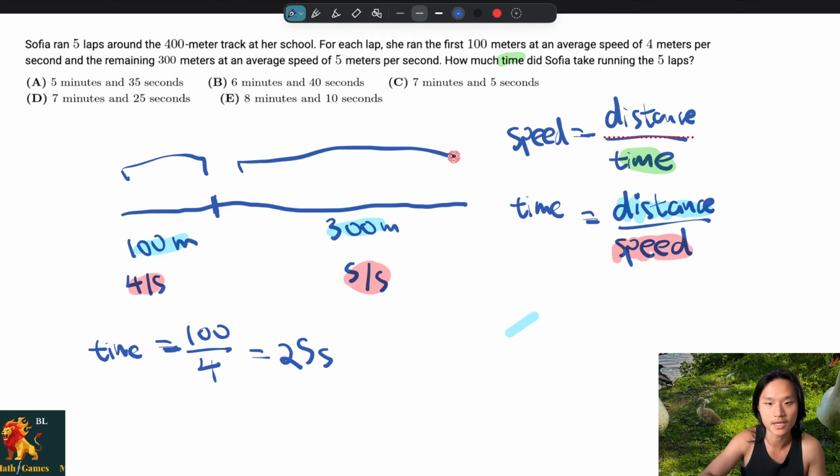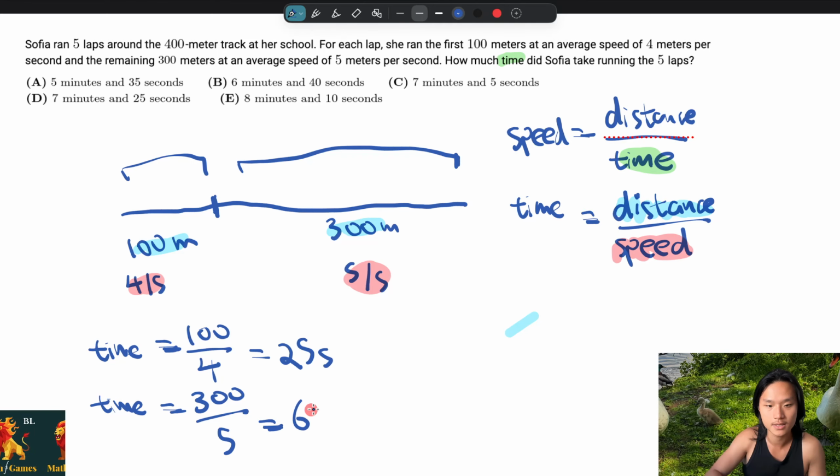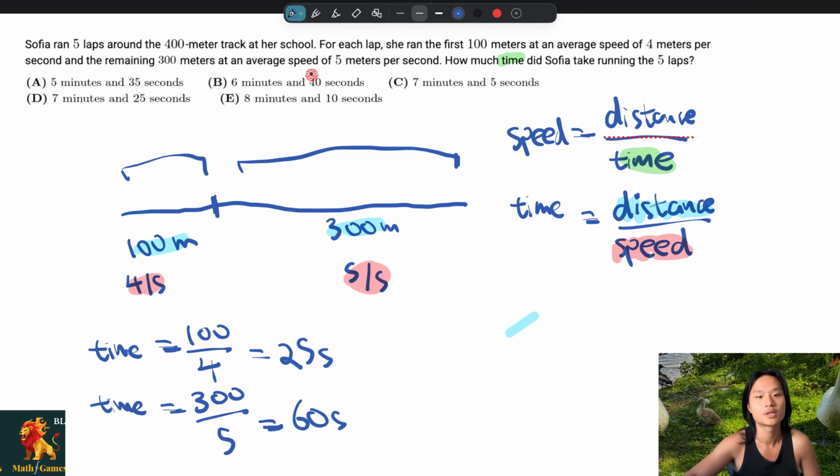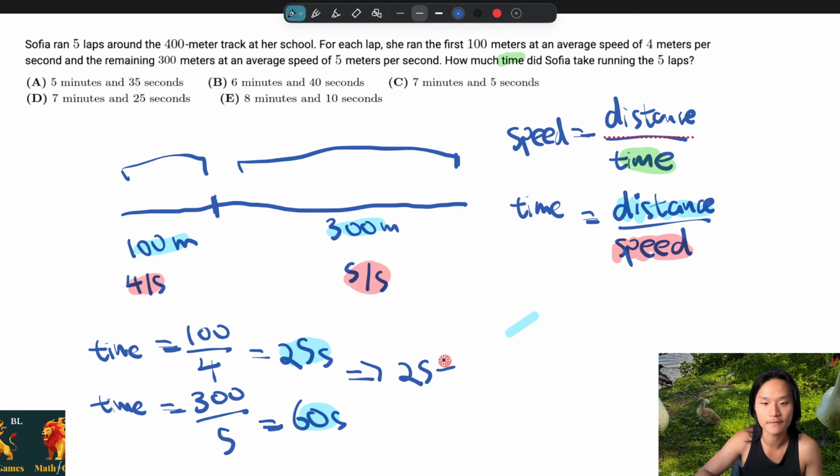And then we do the same for the second part of the track. 300 meters divided by 5 meters per second. 300 divided by 5, that is 60. So here we have 25 and 60. And if we add them up, we get 25 plus 60 equals 85.